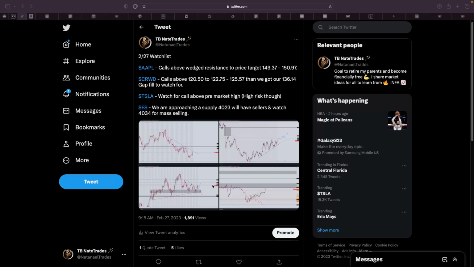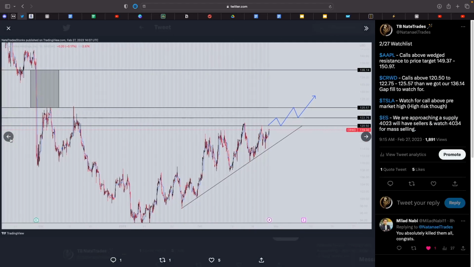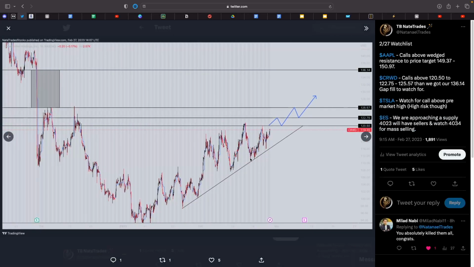And today, as we can see, where we're looking at ES levels for rejects at 4023 right here, where we ended up selling off and shorting. Same thing goes for crowd. Crowd was an amazing opportunity as well. We were able to take some calls. So overall, just preparing for the week is key and highly important. So definitely be aware of that and have that in mind.